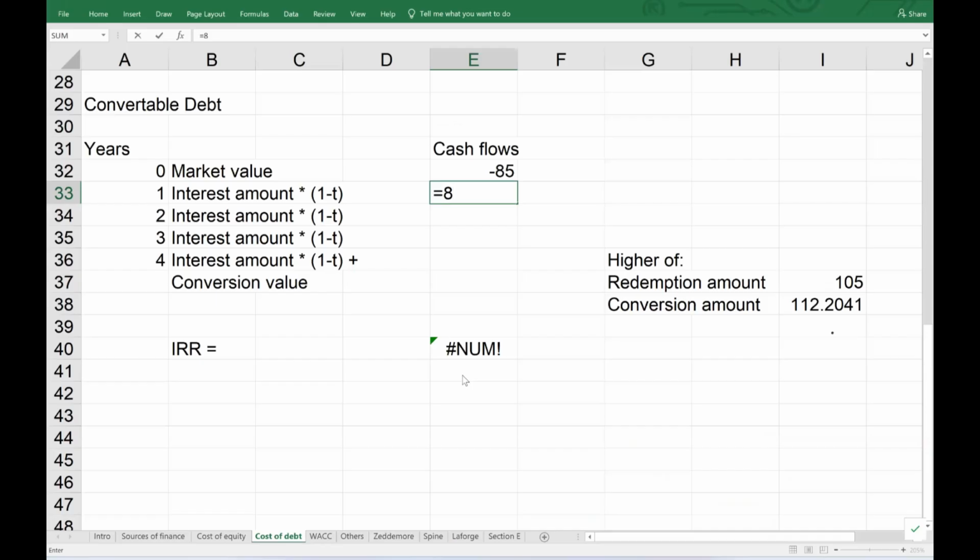So 8 into 1 minus T, or 0.7, same thing, 5.6 is the interest payment you have to make every year. How many years? 4 years. And you will get the conversion value at the end as well. Okay. So I add both of them together because I'm going to use the formula of IRR. Right? A very high value, 13.2% is coming.